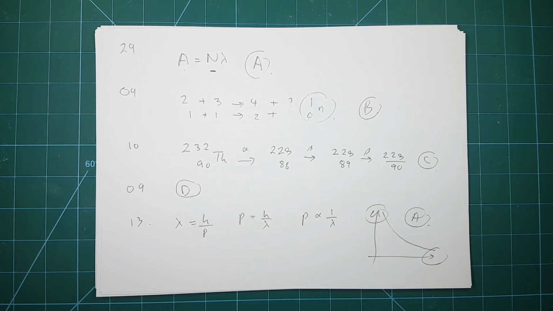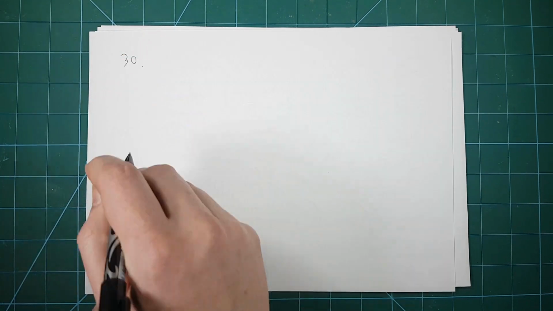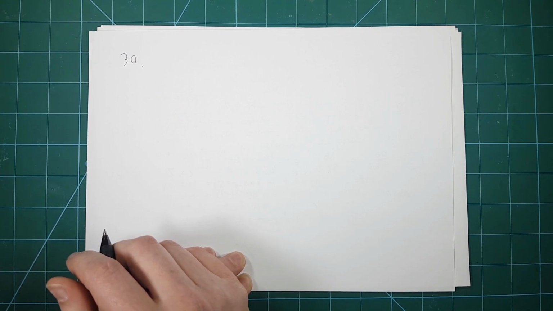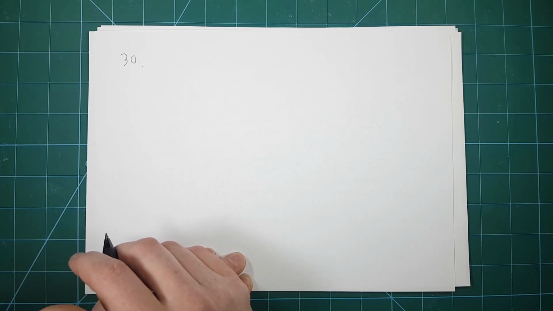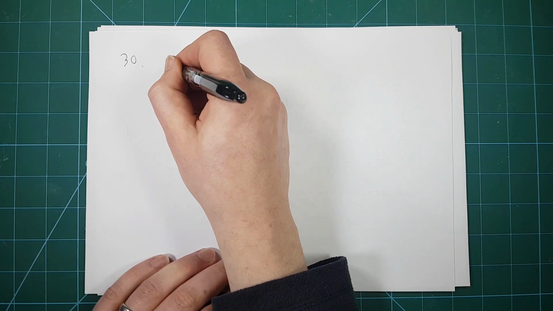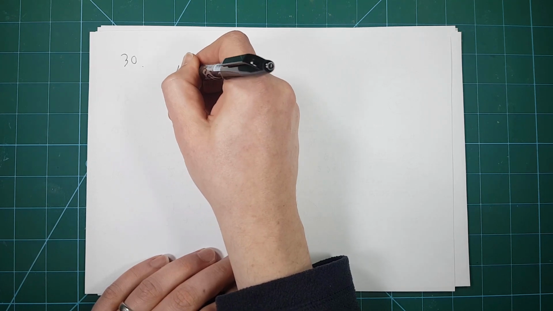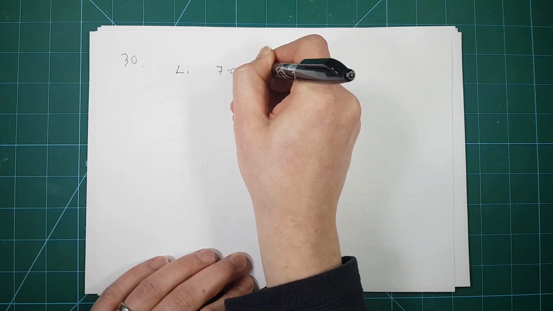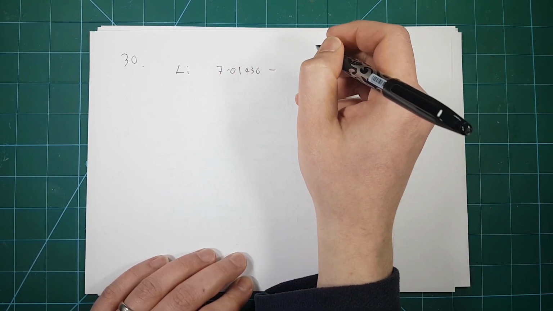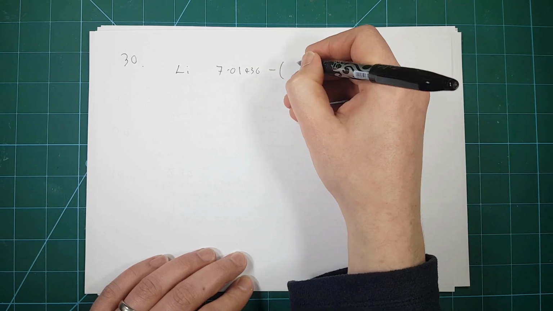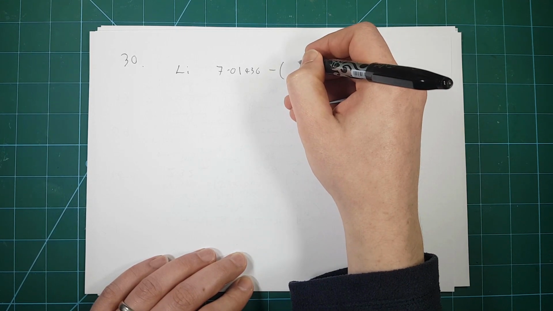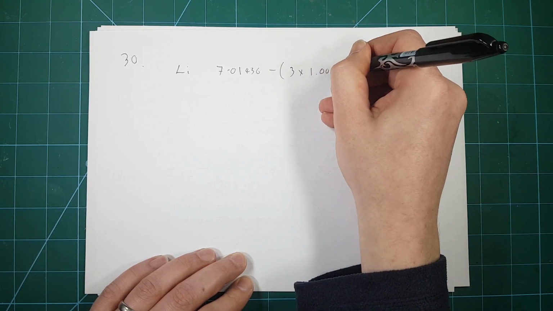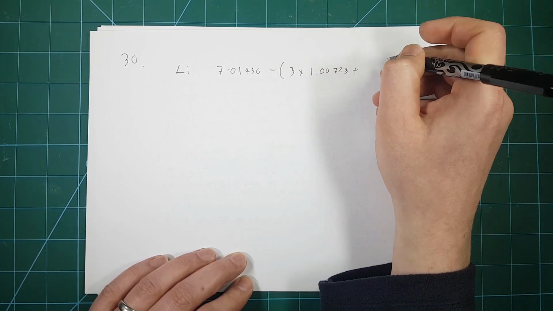Question 30, which is taken from June 2020. We've got a mass defect question. So we just take the lithium, which is 7.01436. We take away its constituents, which is 3 protons and 4 neutrons.